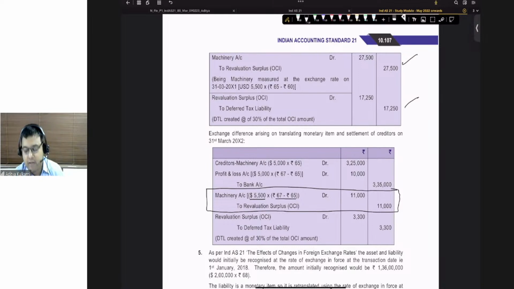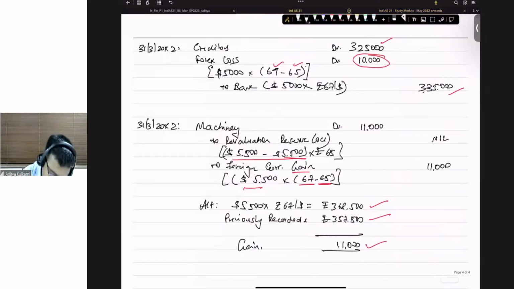The first thing which will strike you here is we are treating machinery as a monetary asset and doing the restatement. So this is what you are going to misinterpret, and that is why we are just segregating in this presentation.